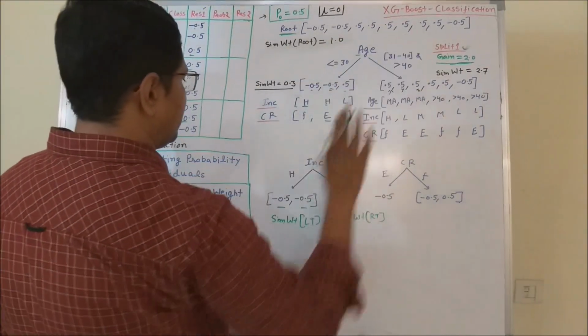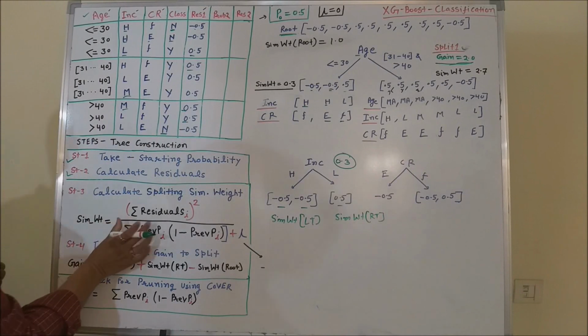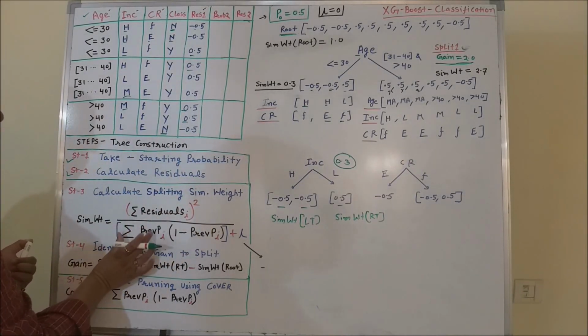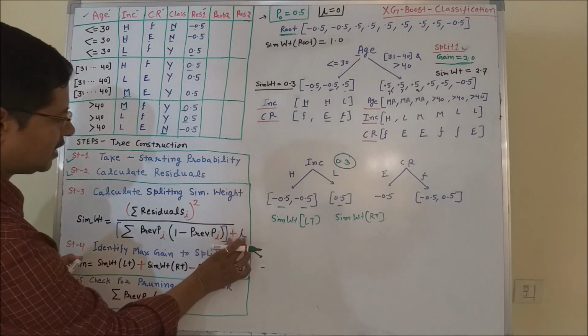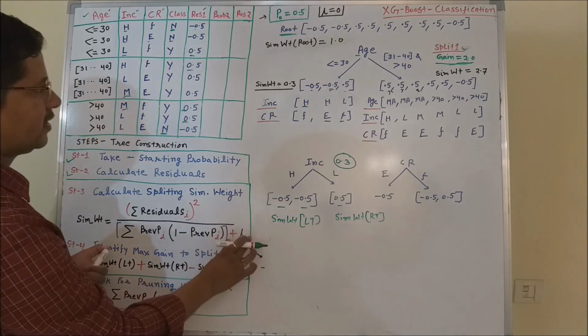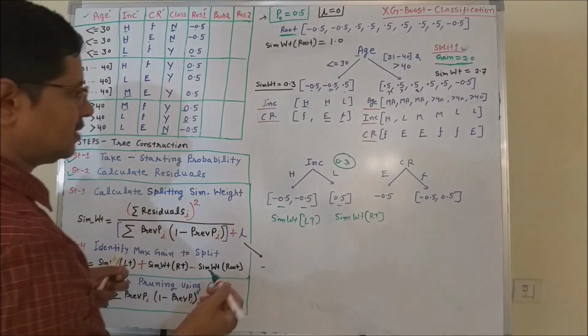The same way that we used earlier to compute the similarity weight: sum of residuals square divided by sum of previous probability into 1 minus previous probability plus lambda, the regularization factor, that we consider 0 here for simplicity.